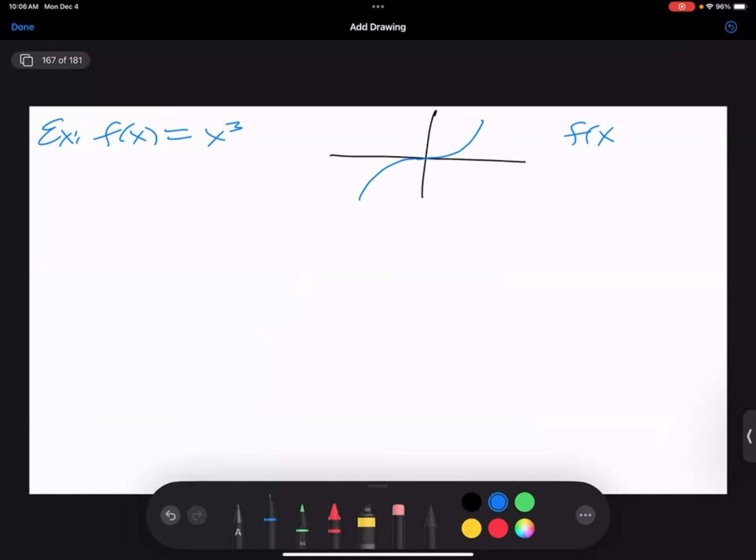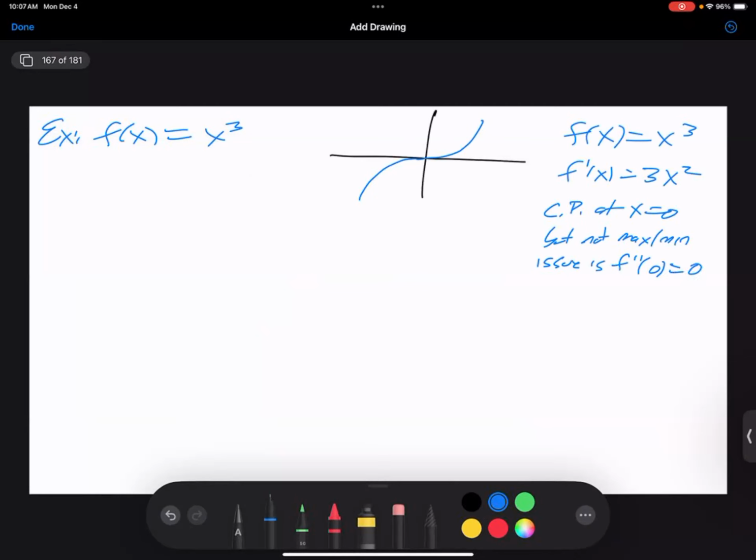And so if f of x is x cubed, f prime of x is 3x squared, we have a critical point at x equals 0, but not a max or minimum. And the issue is f double prime of 0 is also 0. That's why things break down here. So it's not enough for the first derivative to be 0. So unfortunately, we may not actually have a maximum or minimum.